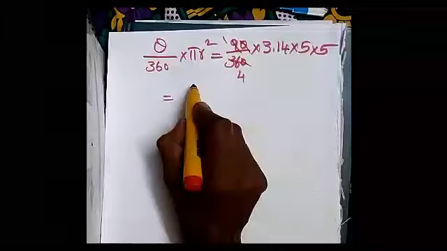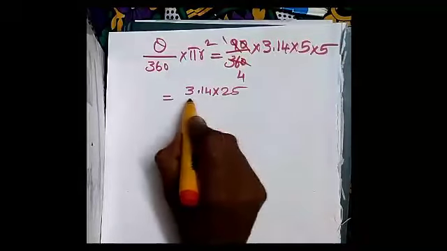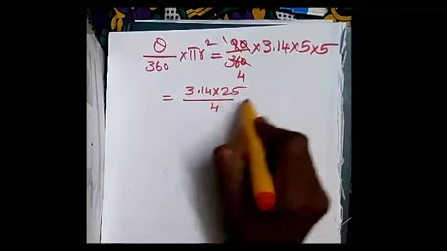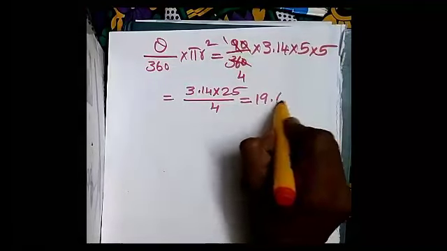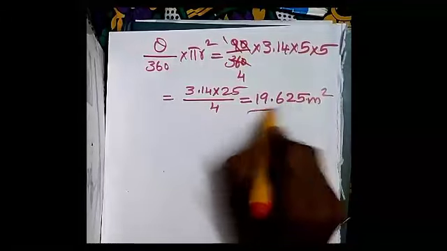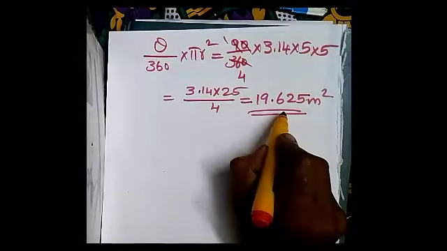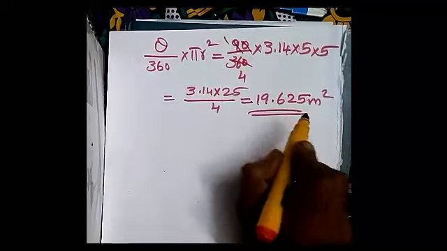So, our answer is 3.14 into 25 divided by 4, and that will be same as 19.625 meter square. So, this much area the horse can graze. That is the answer for the question number 1.